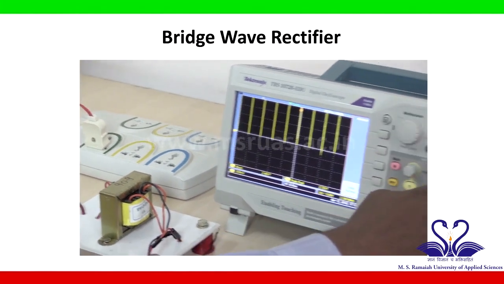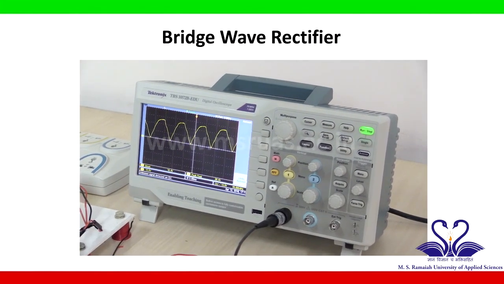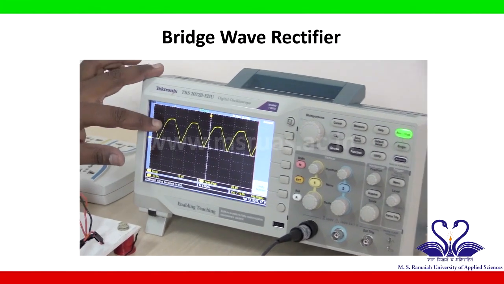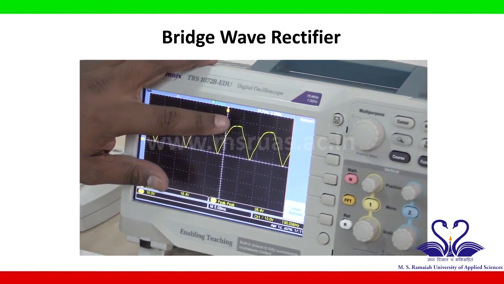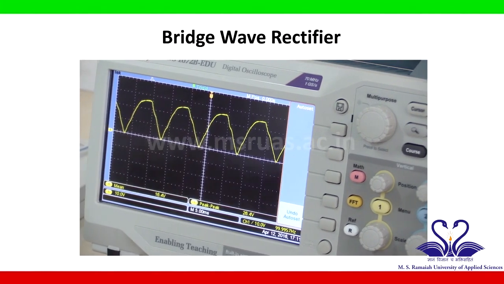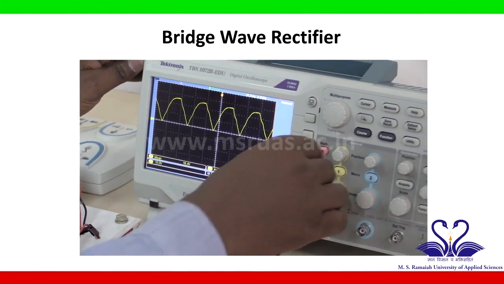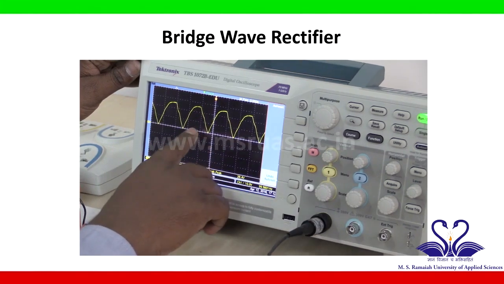Once again just go to auto set. Now you can see a waveform on the digital oscilloscope, which is the output waveform of this bridge wave rectifier circuit. Now we will measure the output voltage that we are obtaining here.